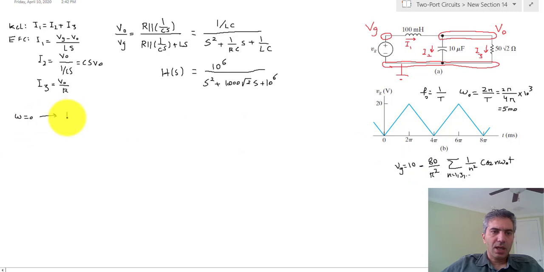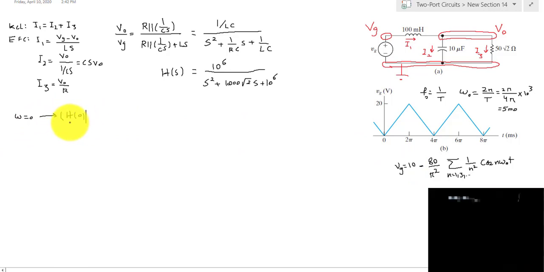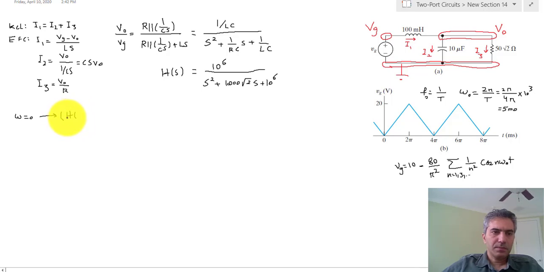the magnitude of H0 is equal to, now you put the value here. Now let's actually write this in terms of j omega.